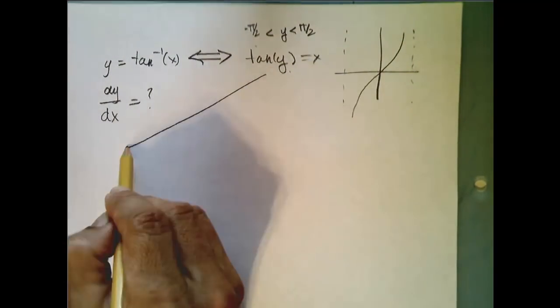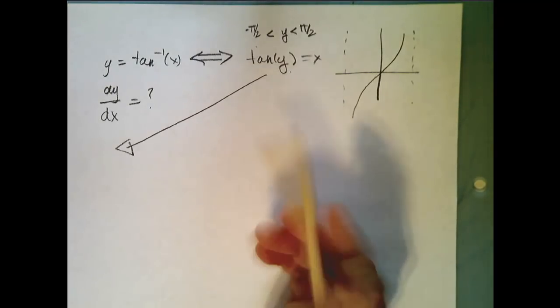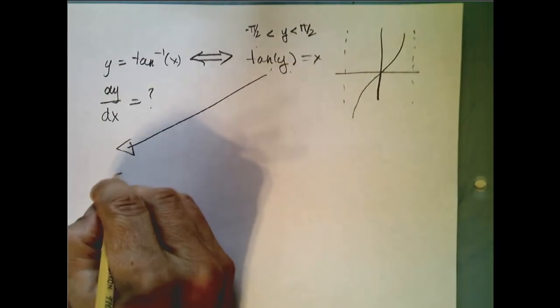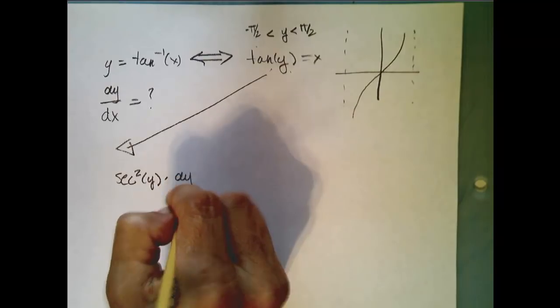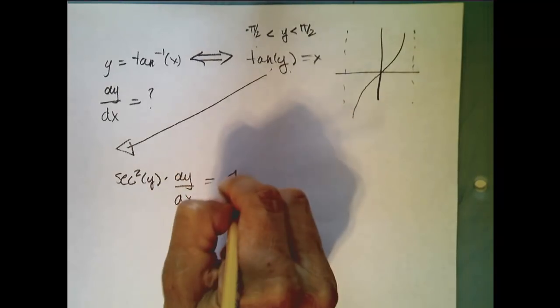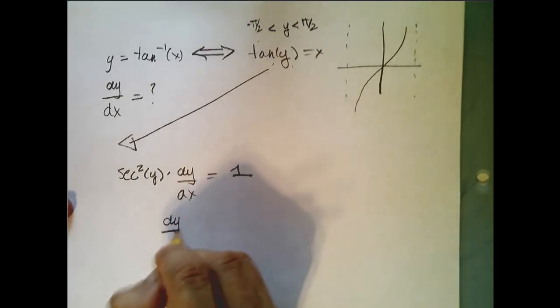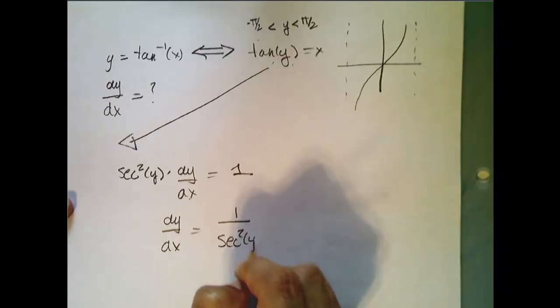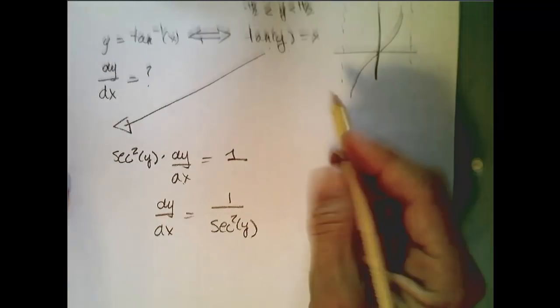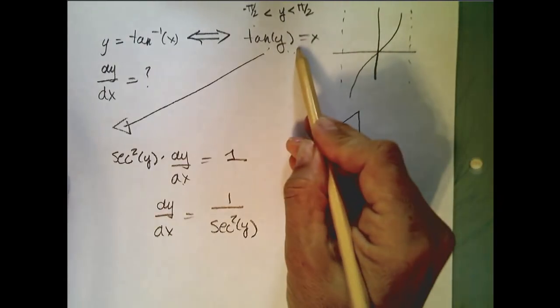Okay, again, let's work with this guy. So tangent of y equals x, take the derivative of both sides with respect to x. You get secant squared y times dy/dx equals 1. Solve for dy/dx, and you get 1 over secant squared y. And just like before, we will draw a triangle based on this equation right here.